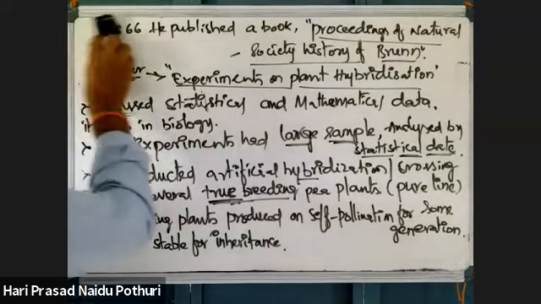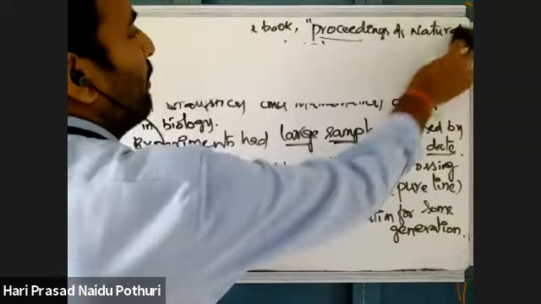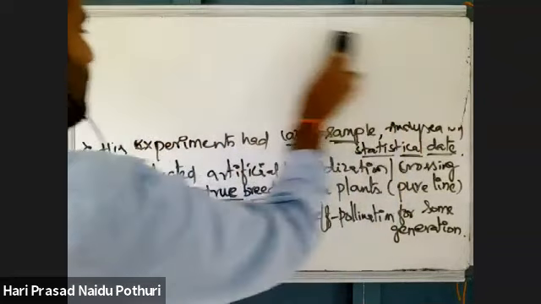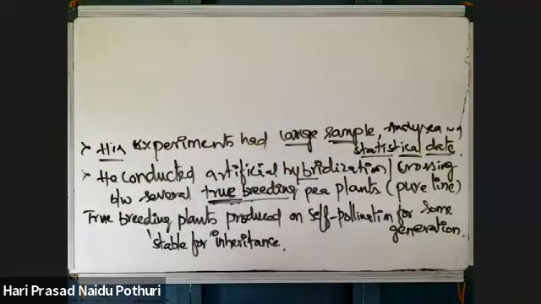Mendel chose 14 true breeding pea plant varieties of 7 characters.